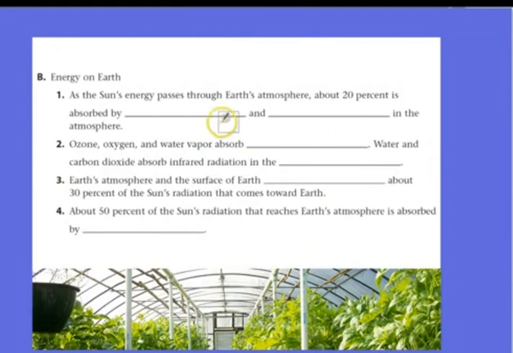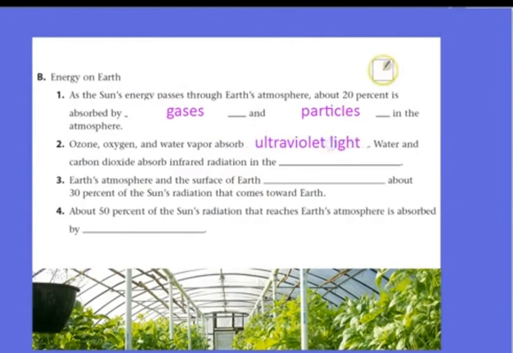Now, like I just said, 20% is absorbed by gases and particles in the atmosphere. In addition, of these gases, oxygen, ozone, and water vapor tend to absorb ultraviolet light, which is why the ozone layer is so important, because it absorbs this ultraviolet radiation before it hits us.